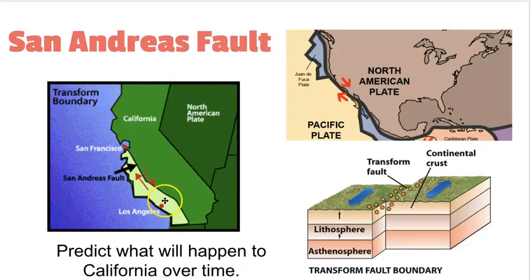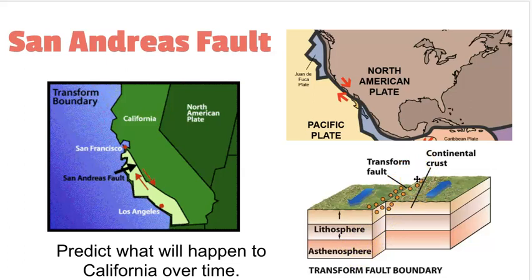The San Andreas Fault, like I said, is a fault that is formed because of transform boundary movement. We have the Pacific and Cocos plates moving to the north. We have the North American plate moving to the south. And as they push past each other, we have fracturing or breaking of both the oceanic and the continental crust.